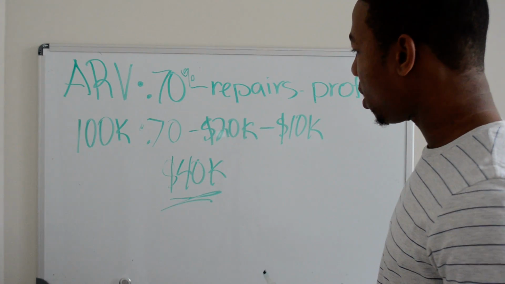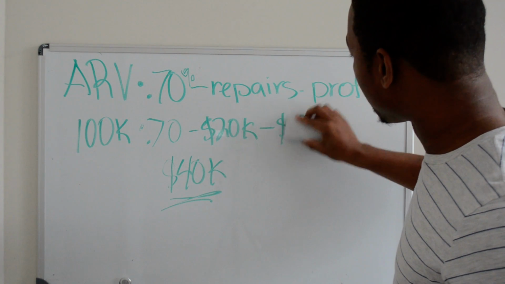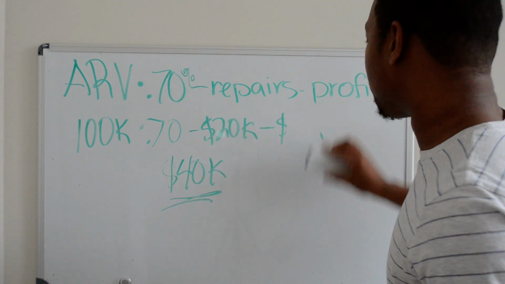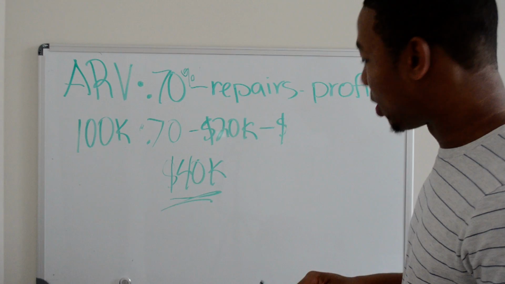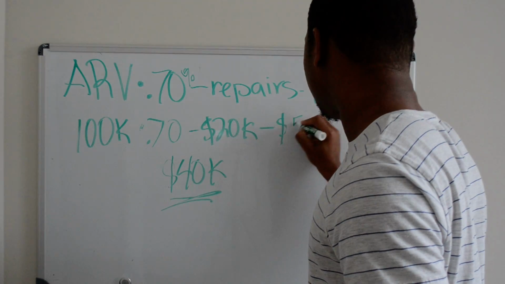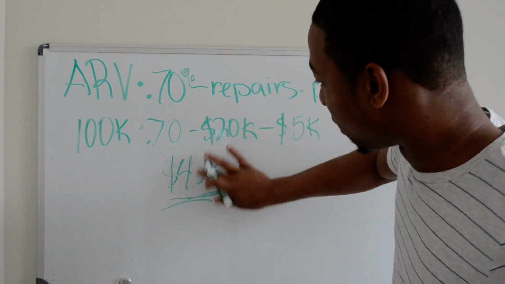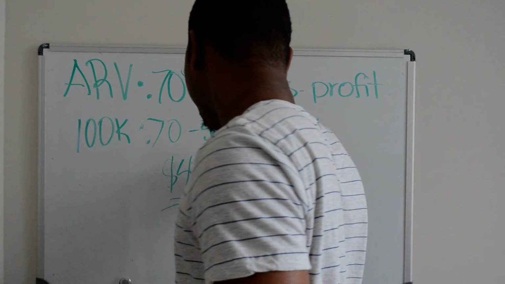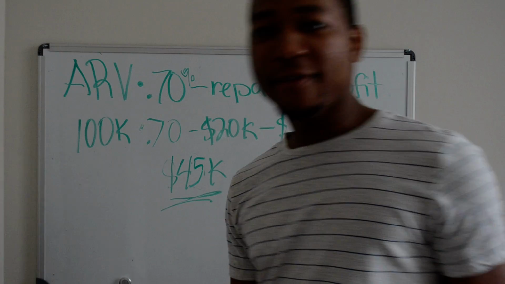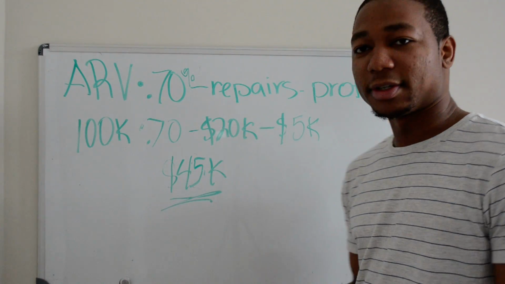Now, let's say we only want to make $5,000 on this deal, right? So if we only want to make $5,000 on this deal, that means this goes up $5,000. So now the most we can offer the seller is $45,000 because now we're only making $5,000.